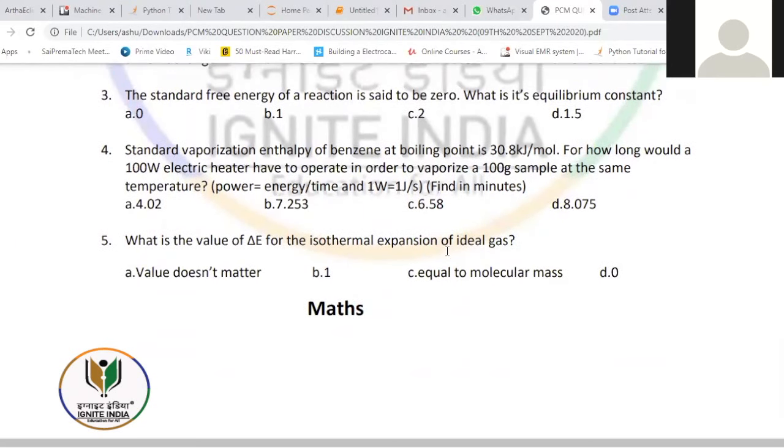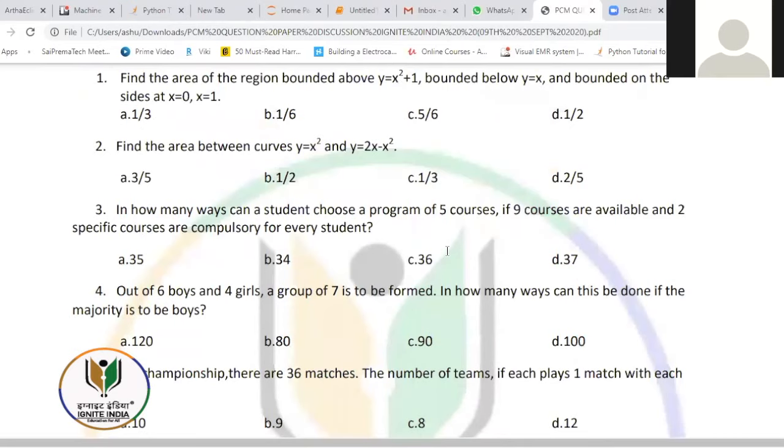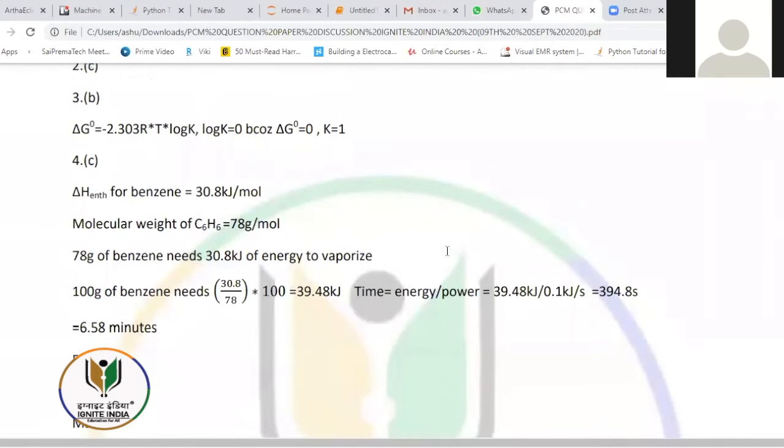Now let's see. It may seem difficult, but it is pretty simple. See, for benzene it is 30.8 kilojoule per mole. The molecular weight of C6H6, which is benzene, is 78 gram per mole. How did I get 78 gram? Carbon's atomic mass is 12, and hydrogen's is almost 1.